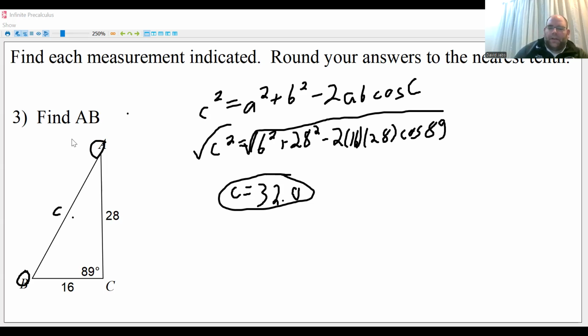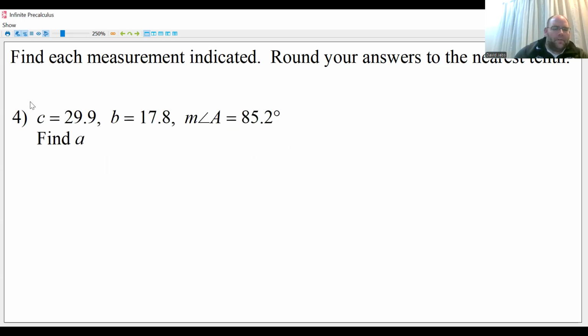There's 3 set up and everything there. Hopefully you guys looked at that, got that figured out. Go to 4 now and go through that. This one I'm just gonna set up and not actually show you the equation.